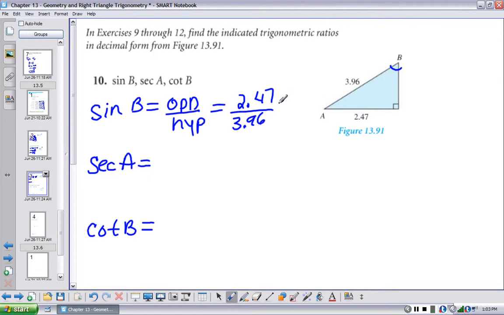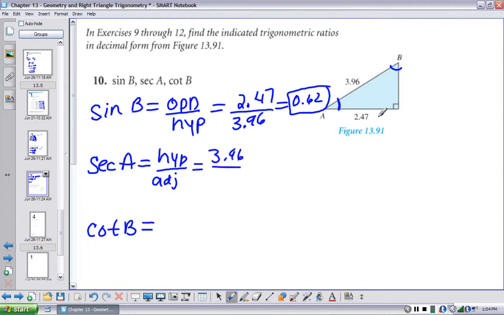And if you take that quotient, you get 0.62. Secant of A is hypotenuse over adjacent. So I go to my angle A. The hypotenuse is 3.96. The side next to or touching, adjacent to A is 2.47. So that my secant A is 1.60.